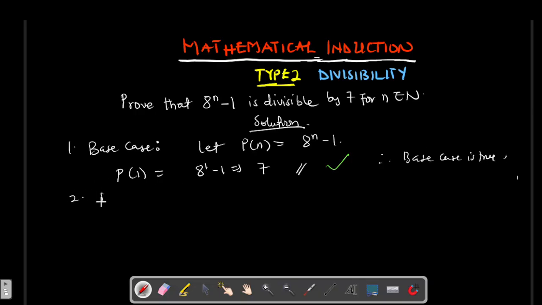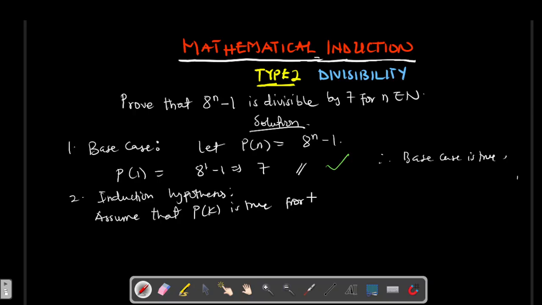Now number 2 is the induction hypothesis. For our induction hypothesis, we assume that our statement P of k is true for n is equal to k.